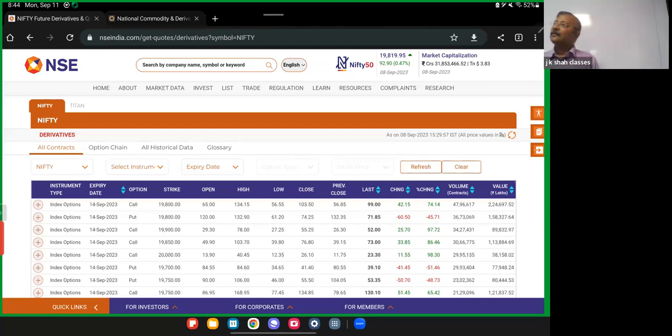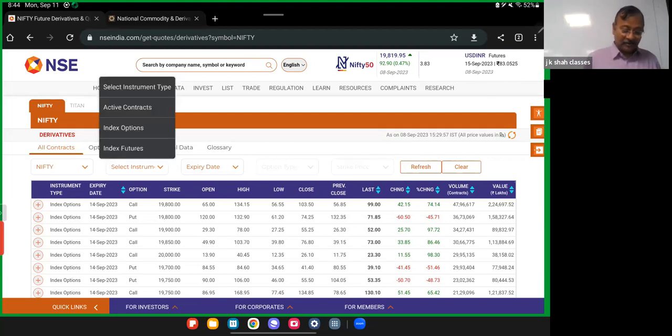You only see derivatives. That means only index options and index futures will be traded. And if you remember, when I selected Titan, it showed you stock futures, stock options. Now it's showing index futures, index options.